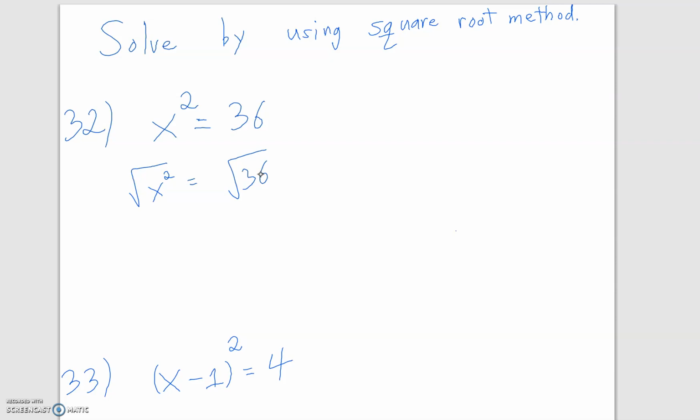So on the left, I have x, but on the right, I have two possible roots here. For the square root of 36, I have the positive root and the negative root. So we have two answers here. The back of the book is most likely going to have answers written separately, so I will write them separately here.